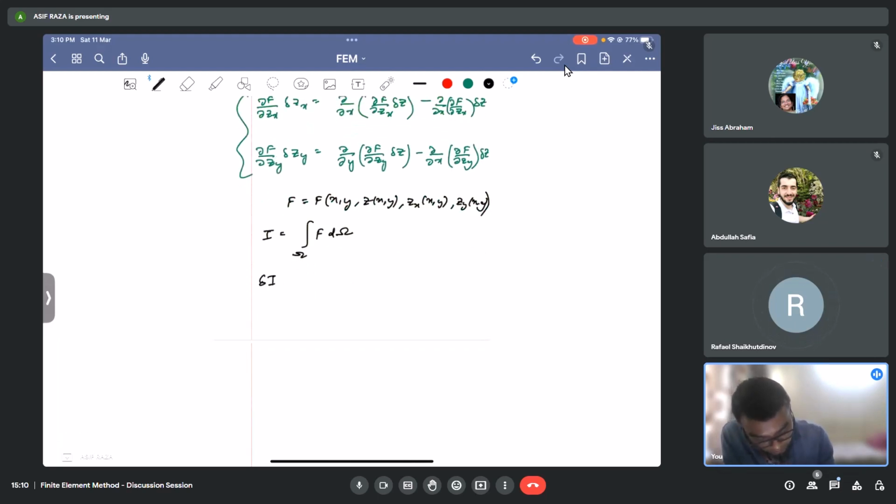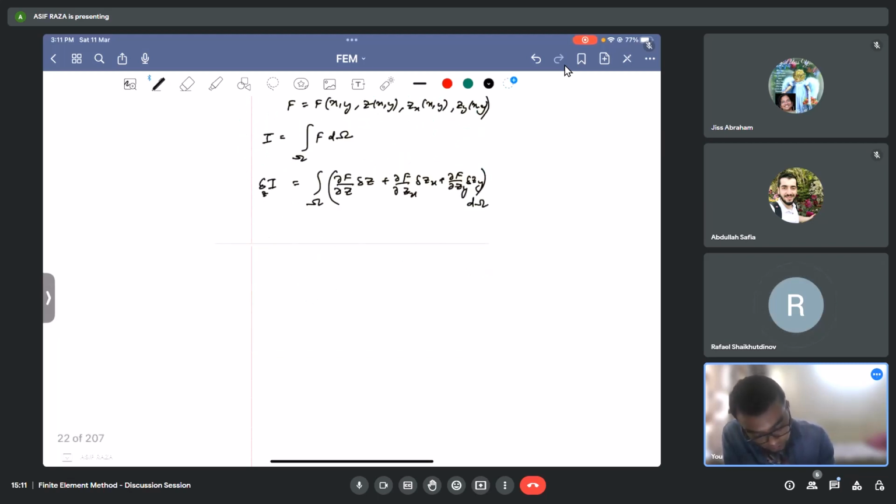The variation will give me dou f by dou z plus dou f by dou z x dou z x plus dou f by dou z y dou z y d omega. And then we substitute what we found earlier.